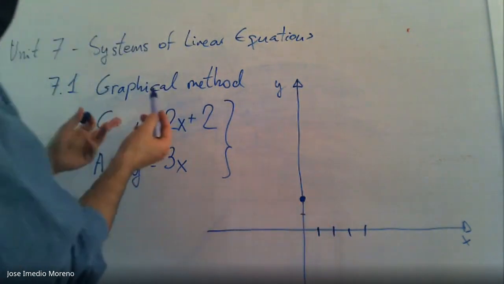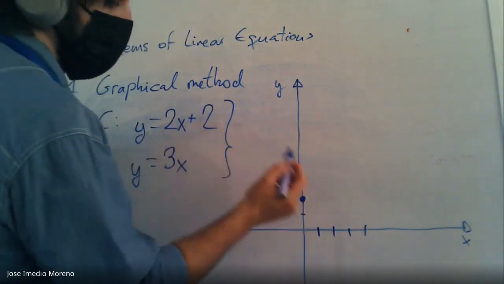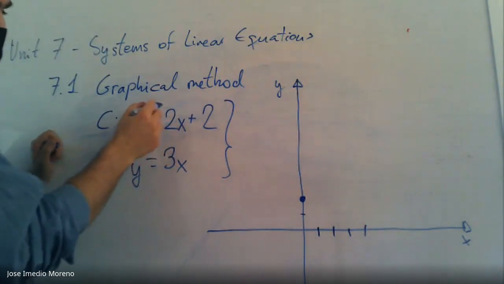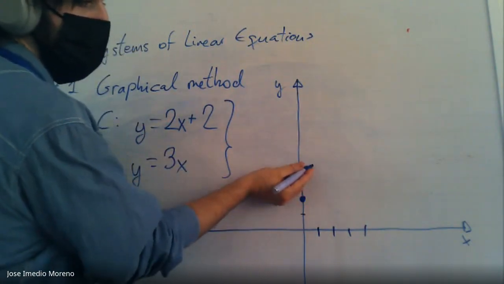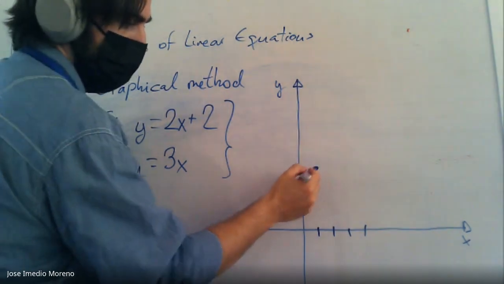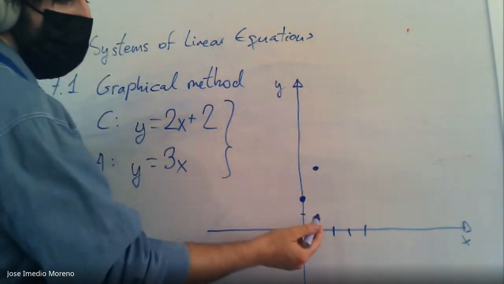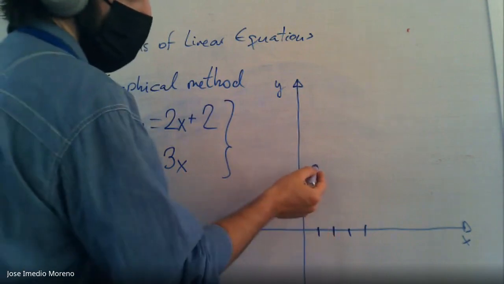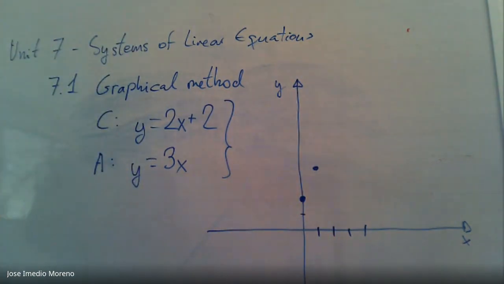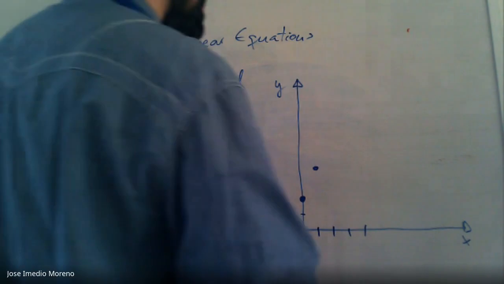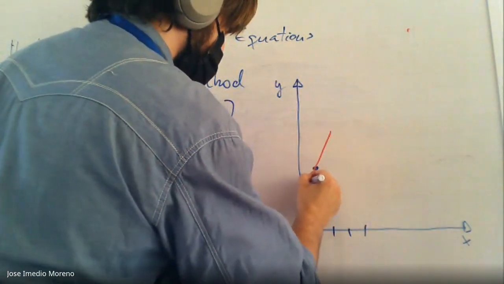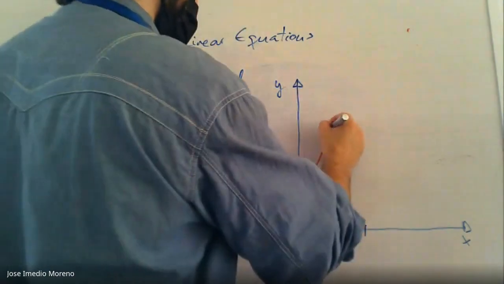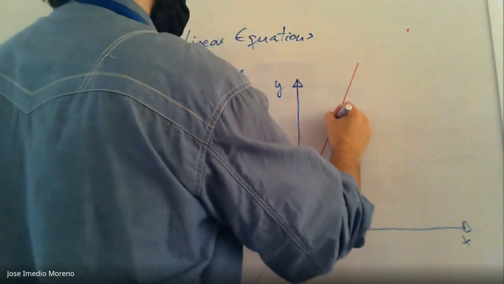As the slope is 2, I'm going to move 1 to the right, 2 up. So after 1 month, he has read a total of 4 books. The line that represents Carlos' equation is this one.